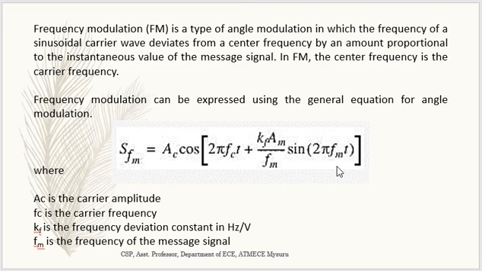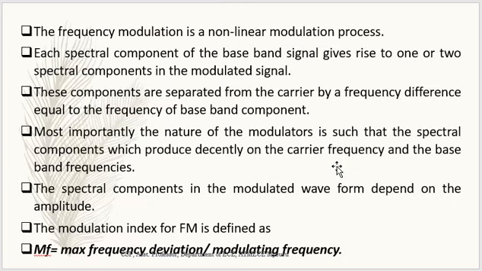Frequency modulation is a nonlinear modulation process in which each spectral component of the baseband signal gives rise to one or two spectral components in the modulated signal. These components are separated from the carrier by frequencies equal to the frequency of the baseband component.